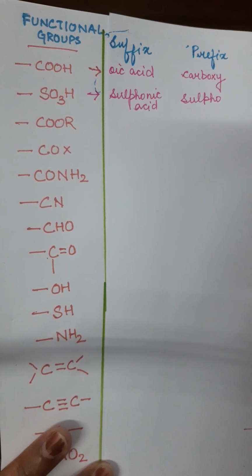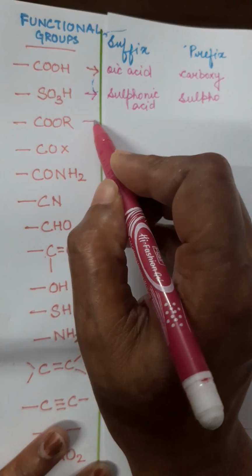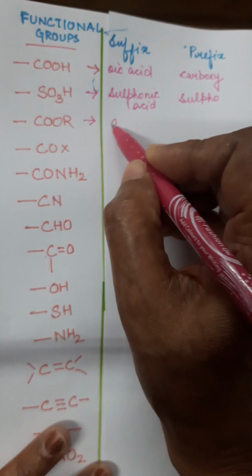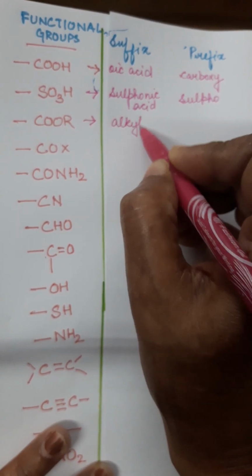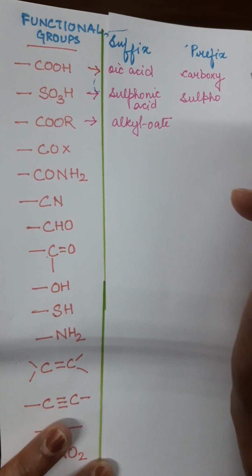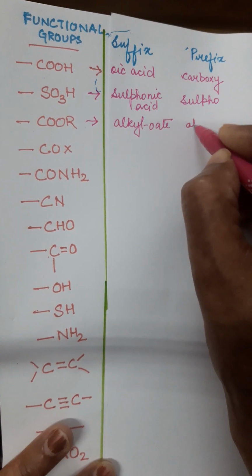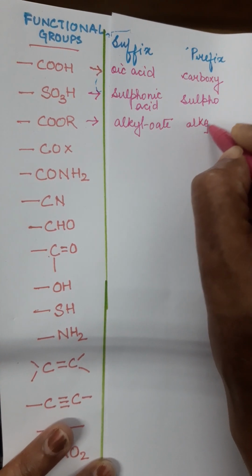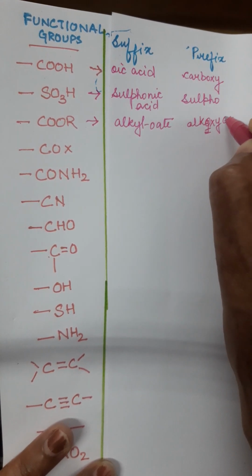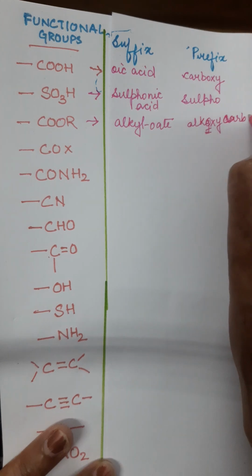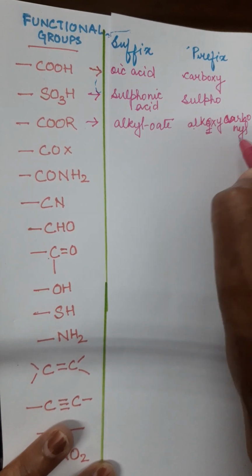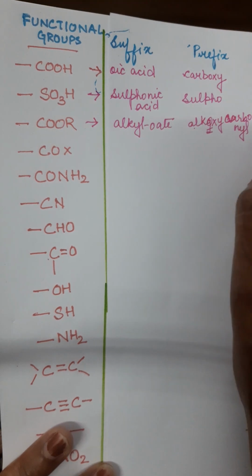Then coming to COOR, which represents an ester, it is named as alkyl oate as a suffix, and alkoxycarbonyl as a prefix.